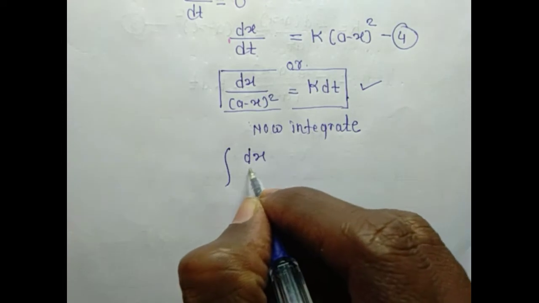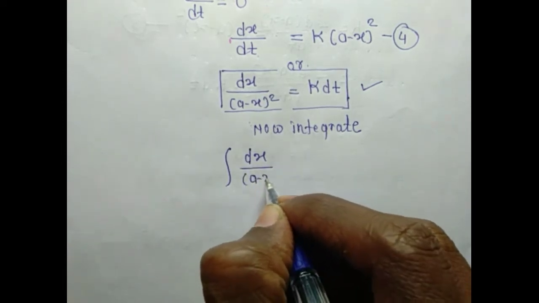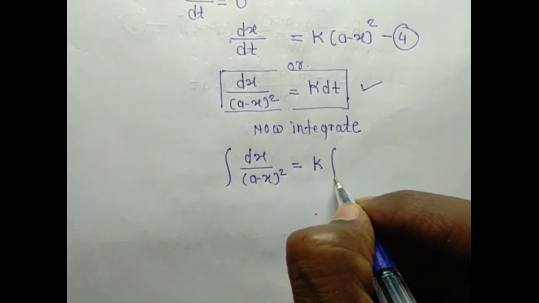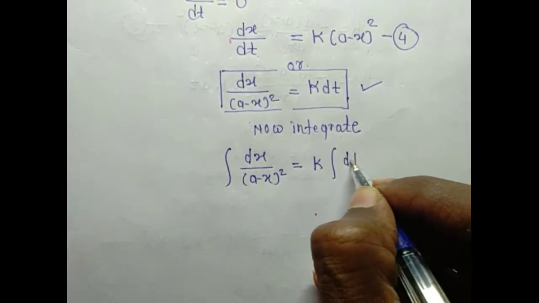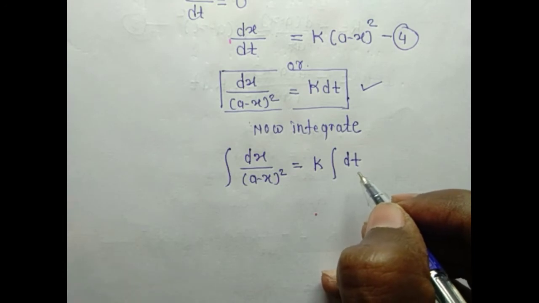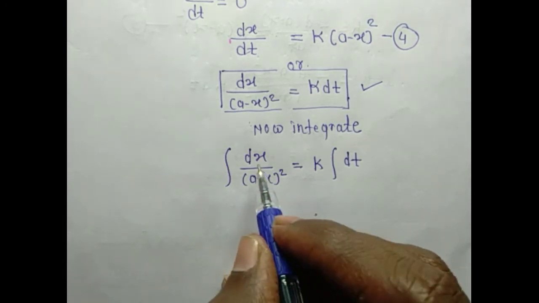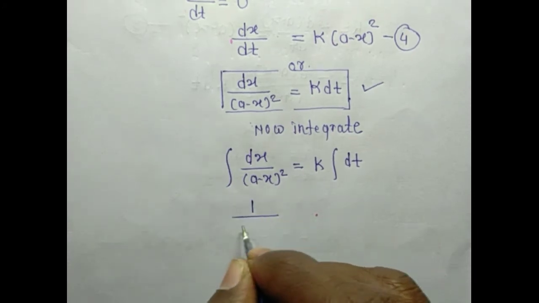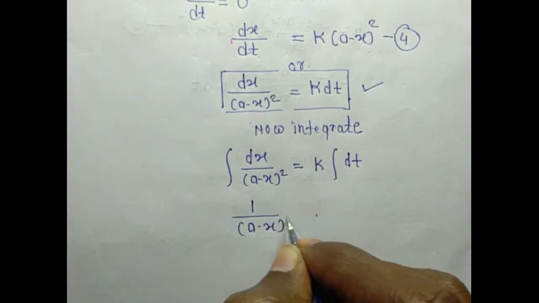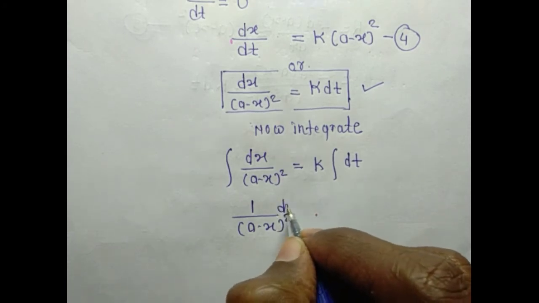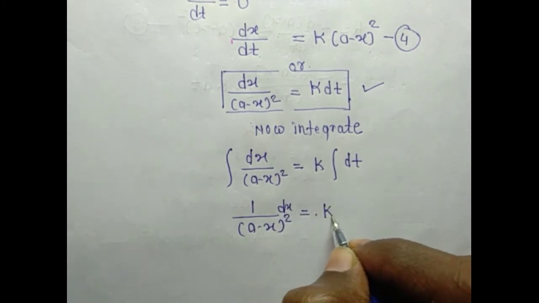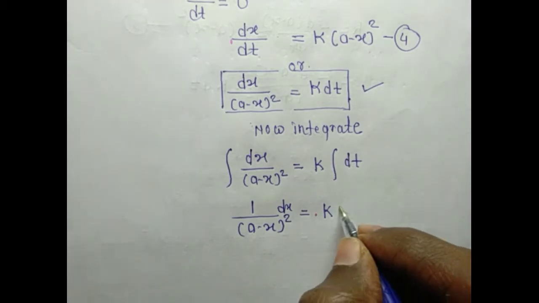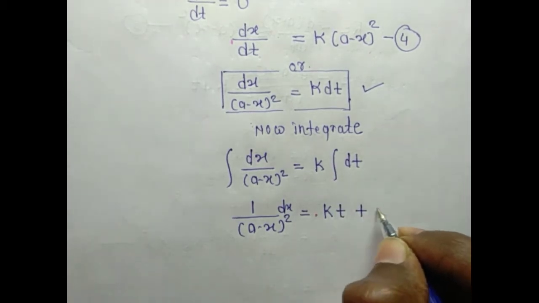Integrate dx upon (A minus X) squared is equal to K, which is the constant outside the sign of integration, and integration of dt. After taking the integration of dx upon (A minus X) squared, the equation becomes 1 upon (A minus X) squared dx is equal to K as it is, and here the integration of dt, that is t, and plus c.